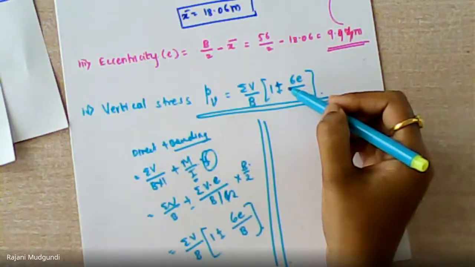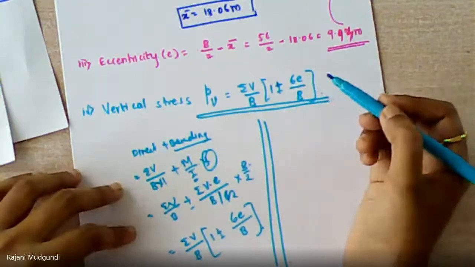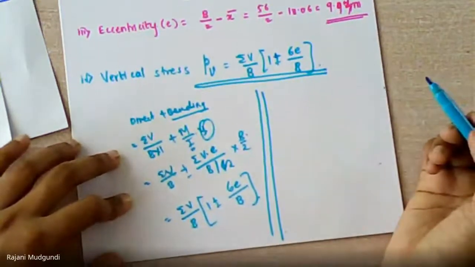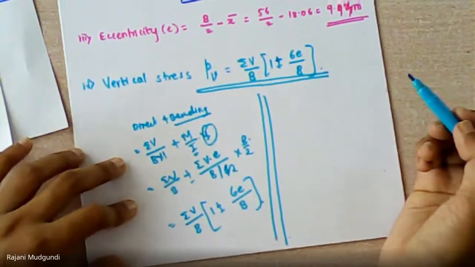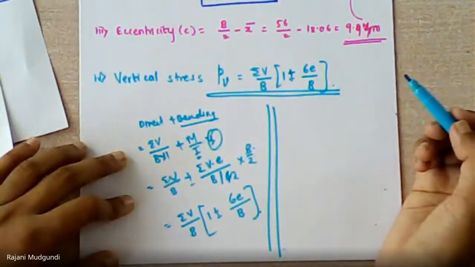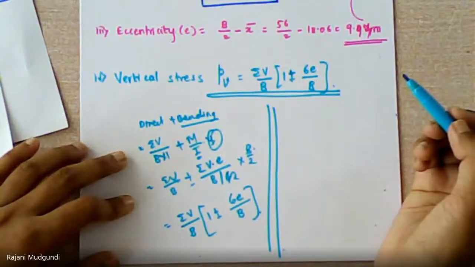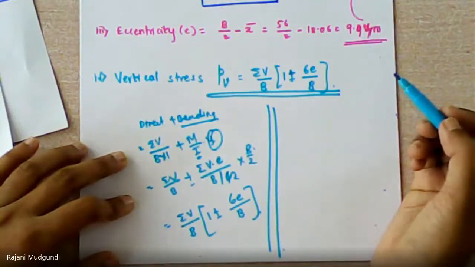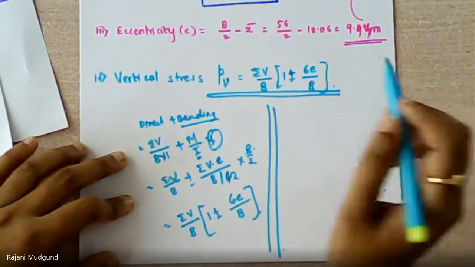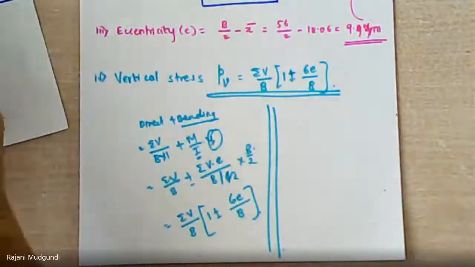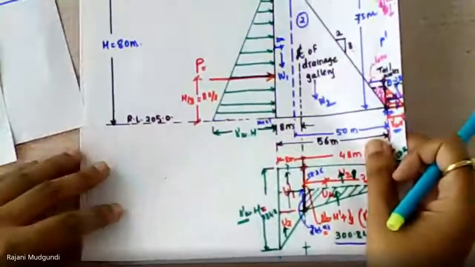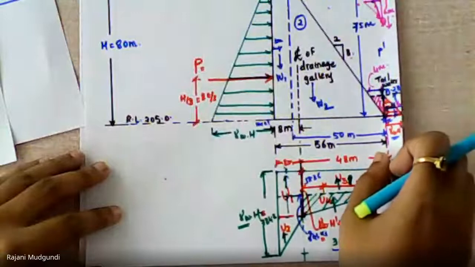Where would we expect the maximum stresses to be developed, at the heel or at the toe? Where will the maximum stress get developed? It is a reservoir full case. Fine.